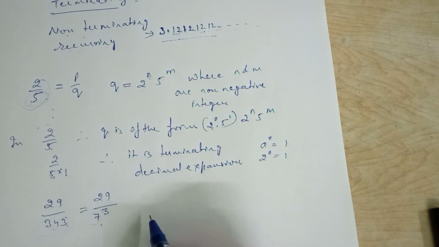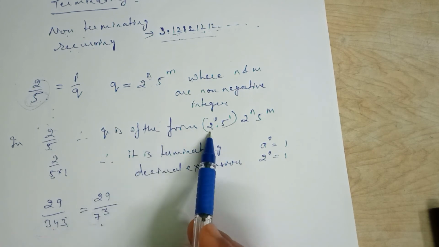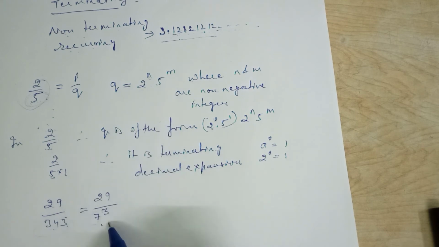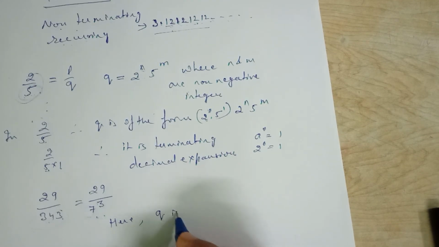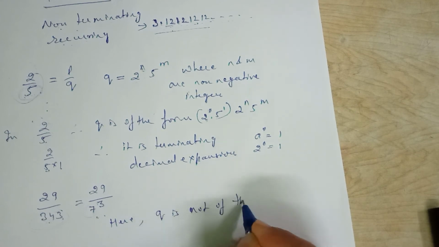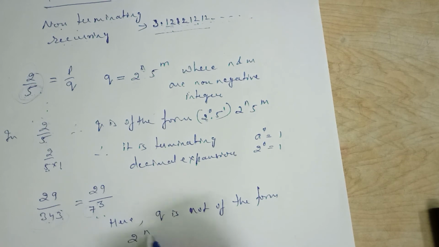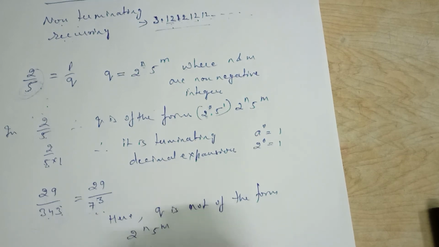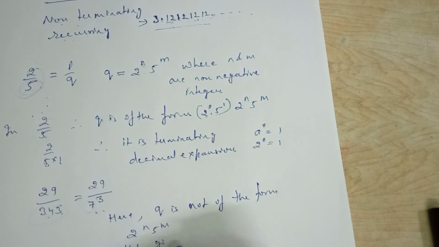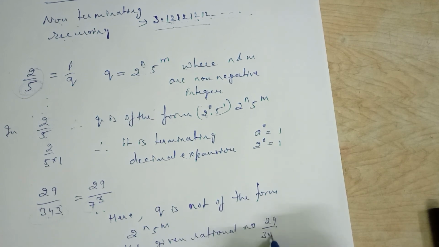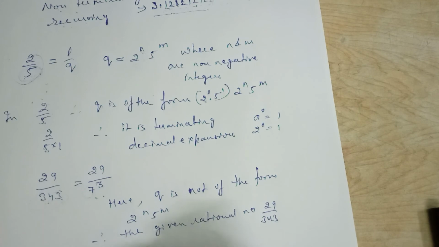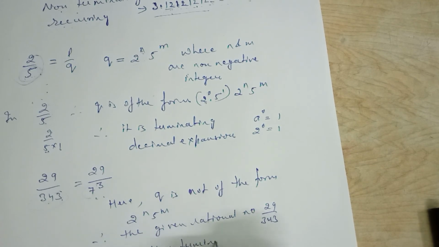So since q is not of the form 2 raised to the power n, 5 raised to the power m, the given rational number, 29 upon 343, has a non-terminating recurring decimal expansion.